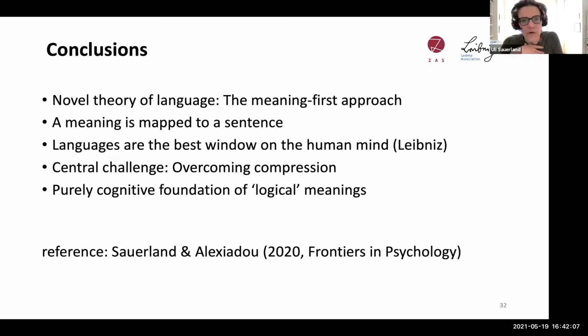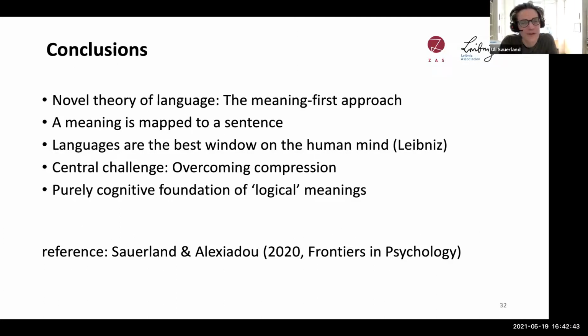So to conclude, I've given you a sketch of a novel theory of language where we start with meaning, and that is then mapped to a sentence. This is a sort of marketing verbiage: languages, especially child language, are a window into the human mind, and the central challenge here is overcoming compression.